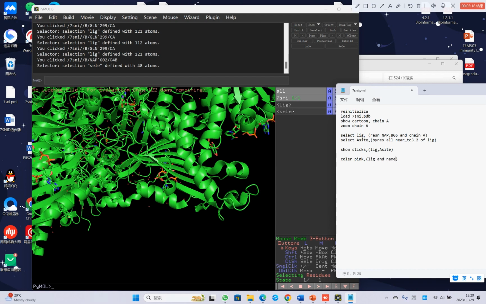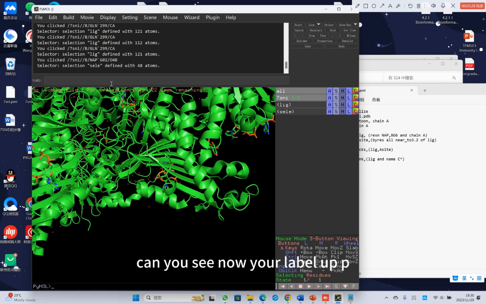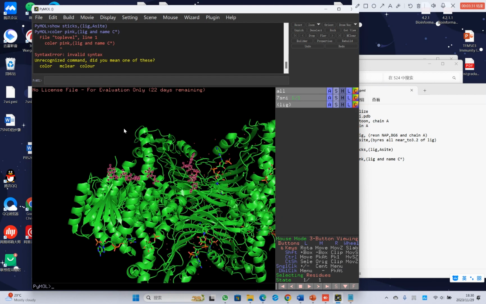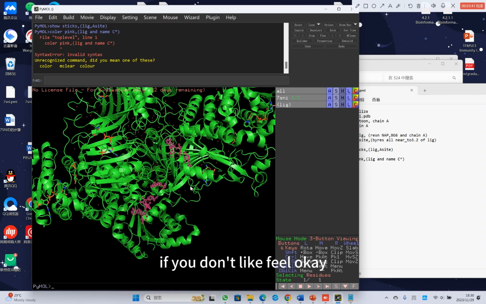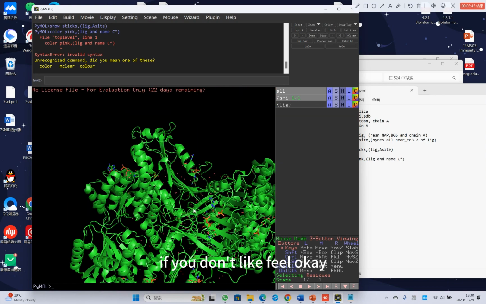So this kind of selection is done. Color pink. Can you see now your ligands are pink? The carbon C atoms of your ligand are pink, right? If you don't like pink, you hate pink.